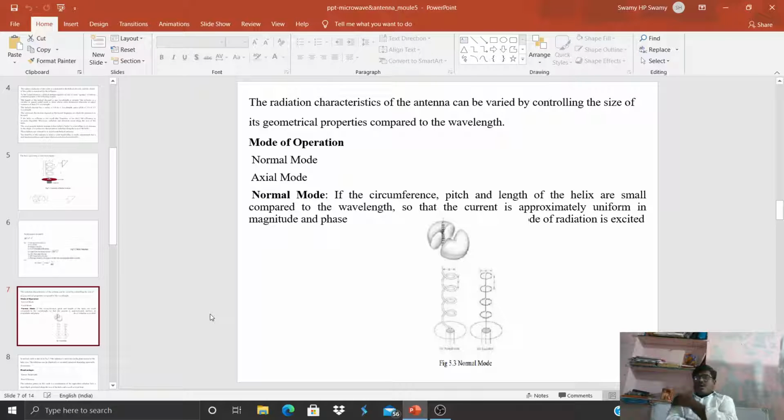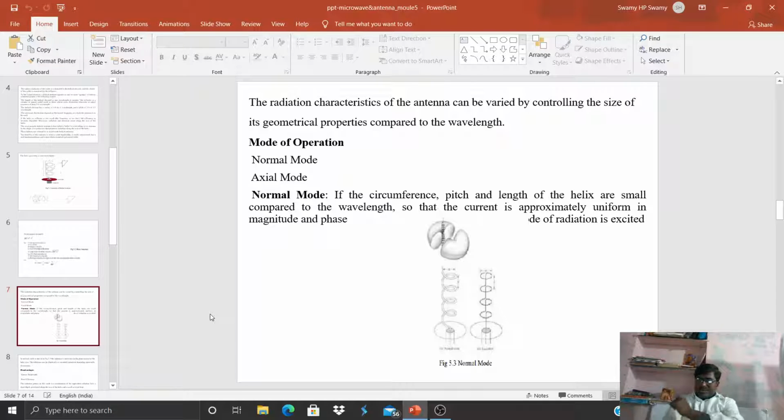Now how this helical antenna will operate during transmission and reception is called the mode of operation. This monopole axial helical antenna works in two modes: one is normal mode and the second one is axial mode.